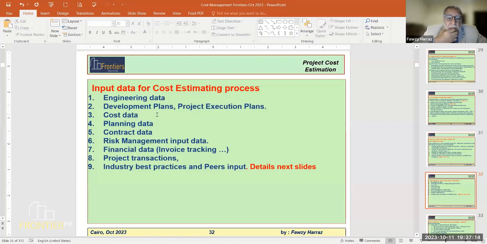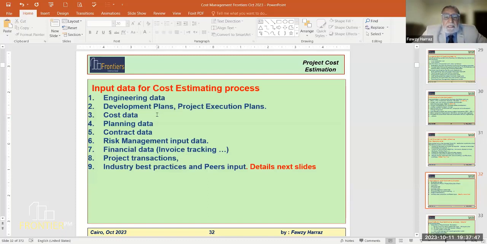Execution procedures in general are very important. For example, for concrete, if it is a big quantity, are we buying from a nearby ready-mix plant, or are we doing it on site by our crew? So the execution method, contract data, contract terms actually, and contractor obligations should be considered in the cost estimation of the project.